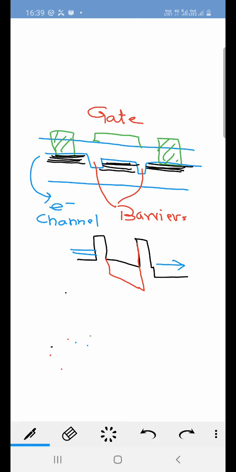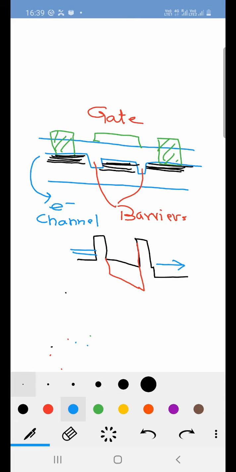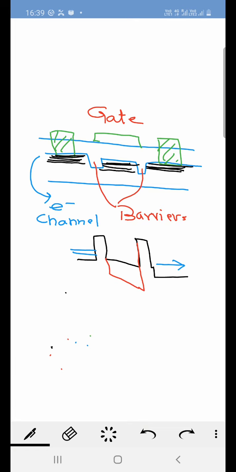So this is actually called, instead of resonant tunneling diodes, since they have three terminals, source, gate, and drain, the resonant tunneling transistors.